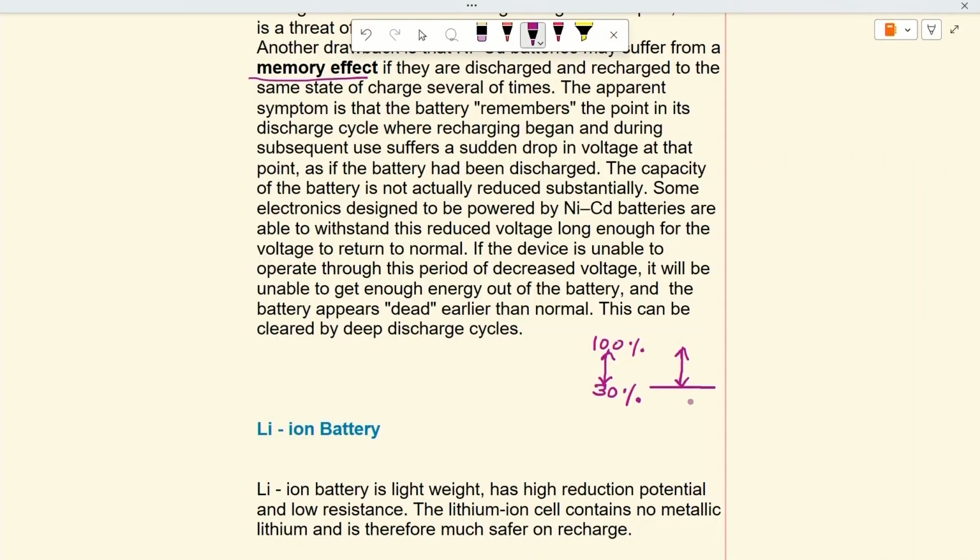Okay. Now, suppose in a certain case we need more power, so that the battery charge can drop to 10 or 20%, but this battery does not go there. Once it reaches 30%, it shows that the battery is drained or totally dead.